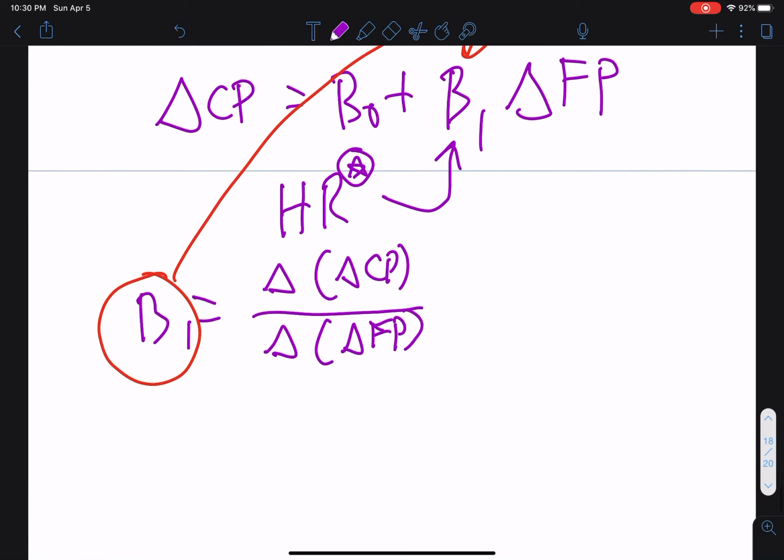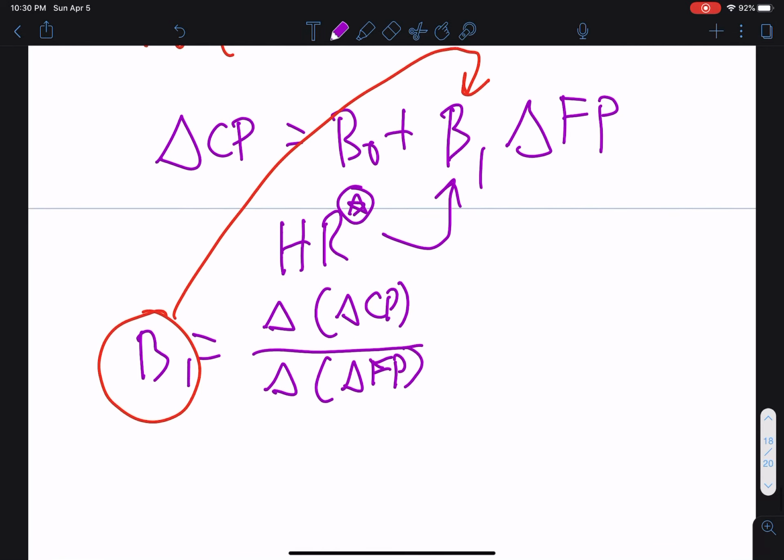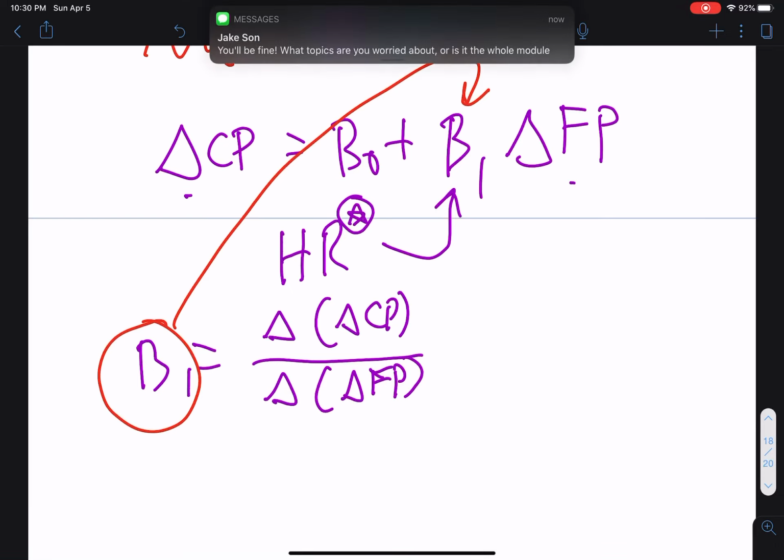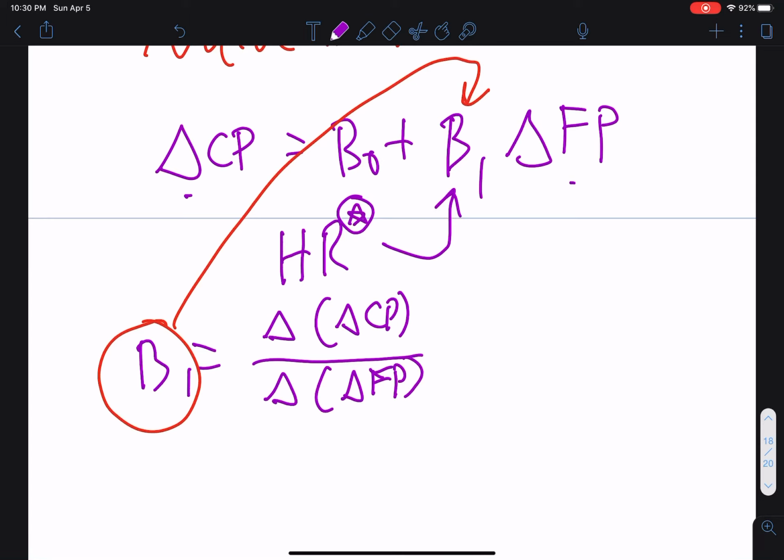Now, when we're doing this, we have some issues. This change in cash price term and this change in futures price term, of course, are simultaneous observations. No doubt about that.